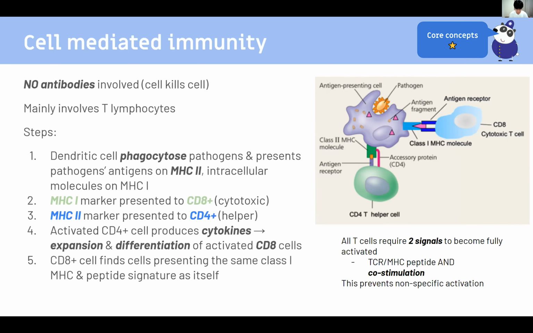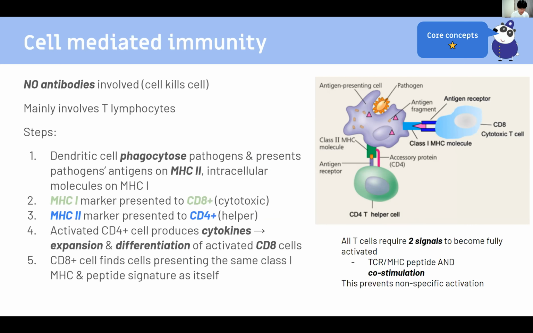Then the activated CD4 plus cell produces cytokines, which will allow for expansion and differentiation of activated CD8 cells. And CD8 plus cells will find cells presenting the same class 1 MHC and peptide signature as itself. Why?